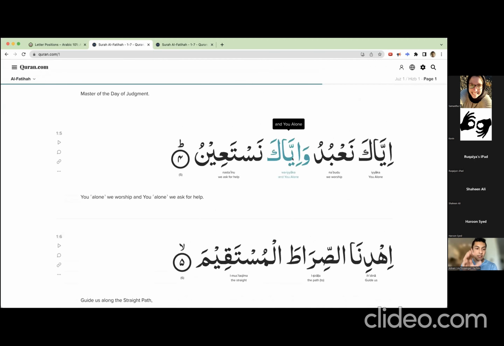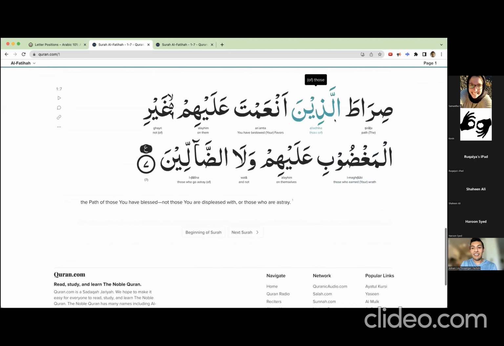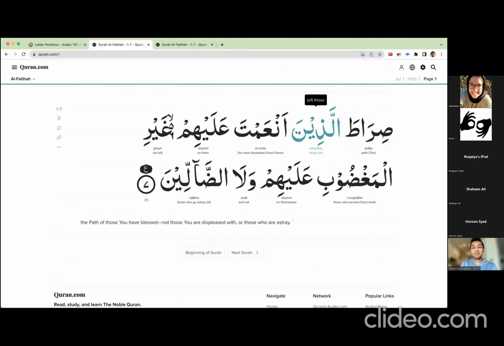Sukoon is when you stop on a consonant, and the shadda is when you stop on it and then put another vowel after it. So here we say iyyaka, right? Or as-sirata. And here siratal-ladhina, path of those.